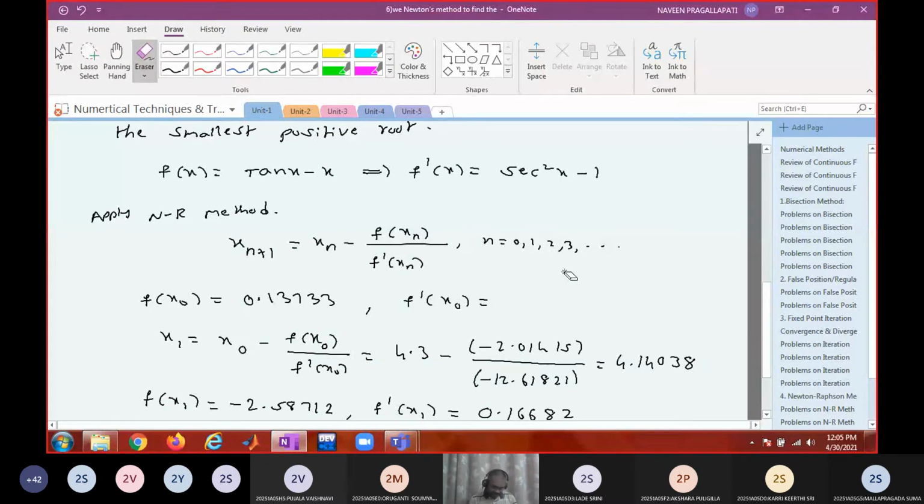So how do you write secant square? 1 by cos square, right? So it is 0.22636, sir. When you are using the calculator, secant must be seen as 1 by cos, right? So 0.22636. Fine.